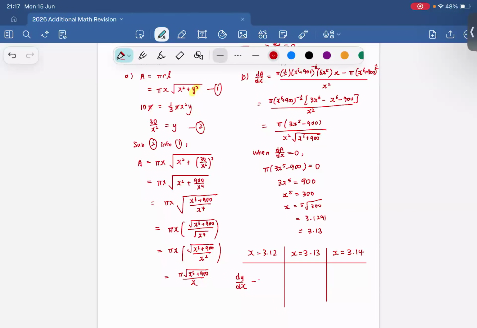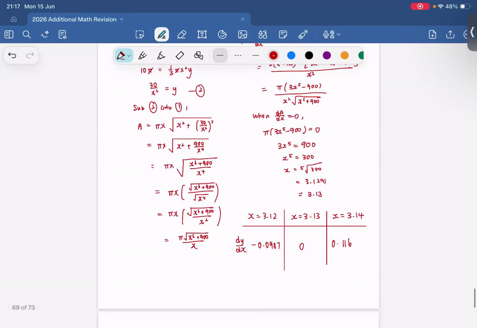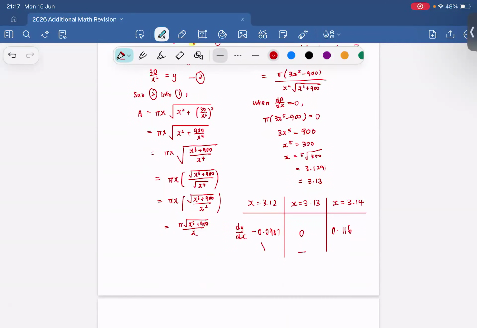This one gives me negative 0.0987. So at 3.13 it is sure 0. Okay, this one gives me 0.116. So this is negative, 0, positive.